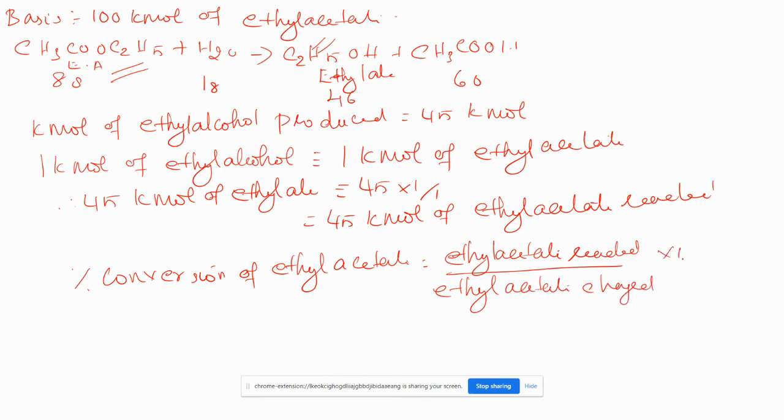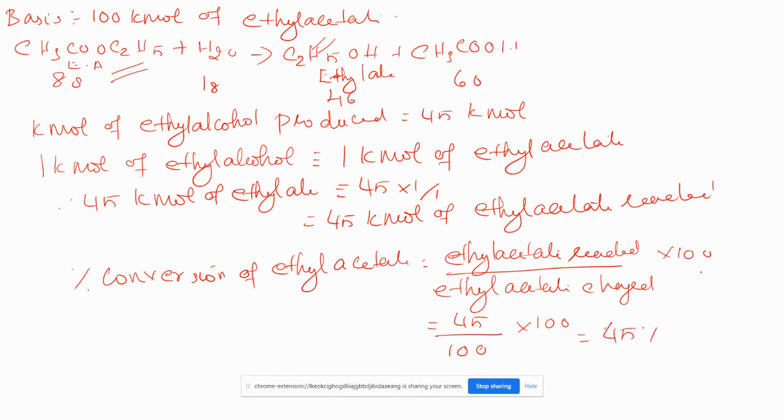Ethyl acetate reacted is 45, ethyl acetate charged is 100. So 45 by 100 into 100 will be equal to 45 percent. So percentage conversion is done.